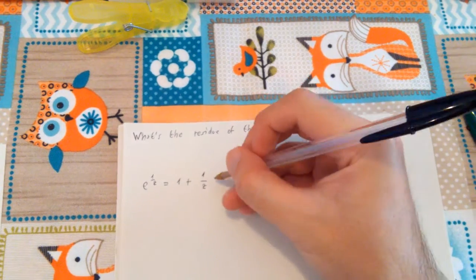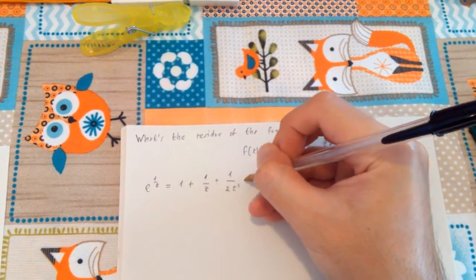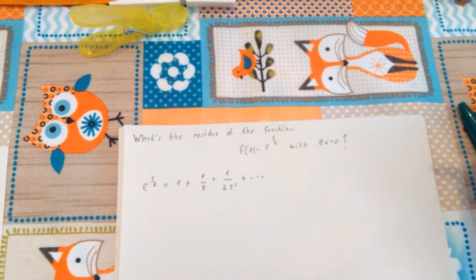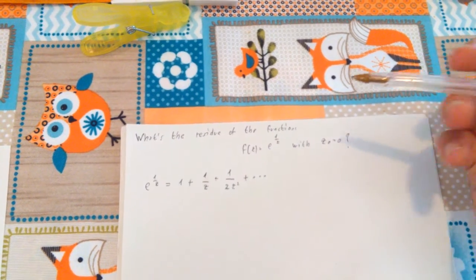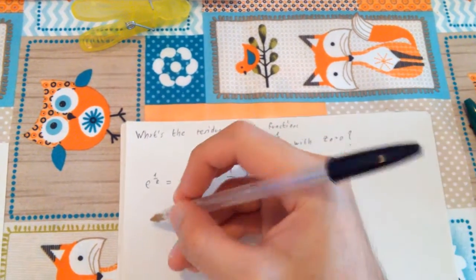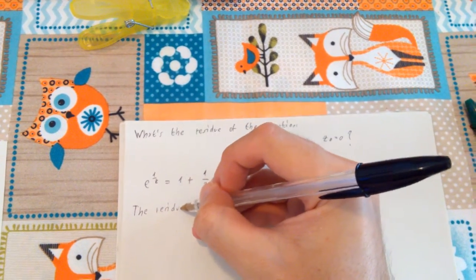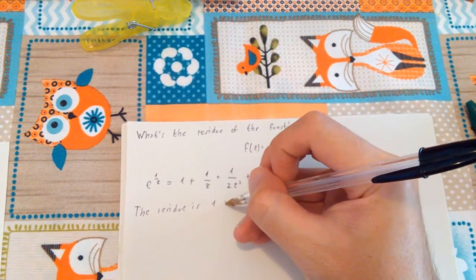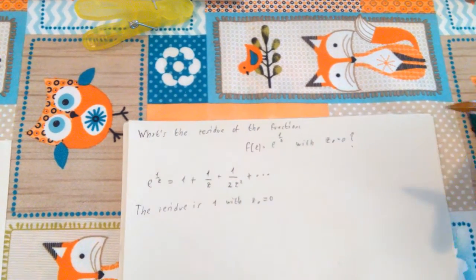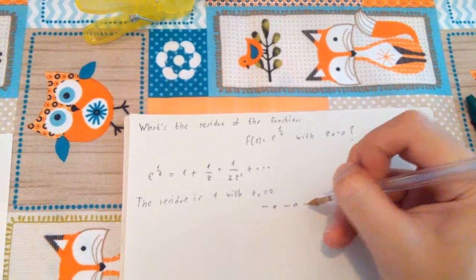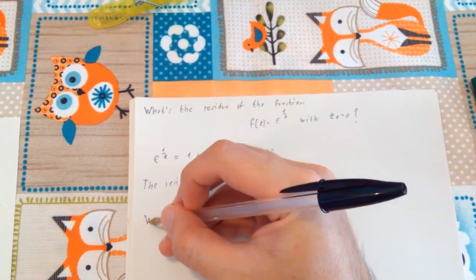I could even stop here, but plus 1 over 2z squared plus on and on. In this case, we just have this one, so the residue is just 1, with z0 equal to 0.